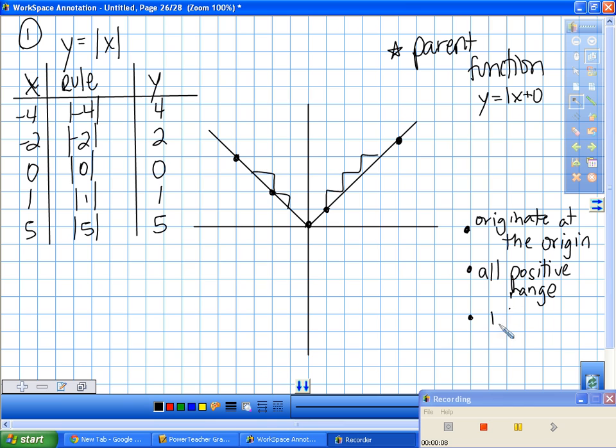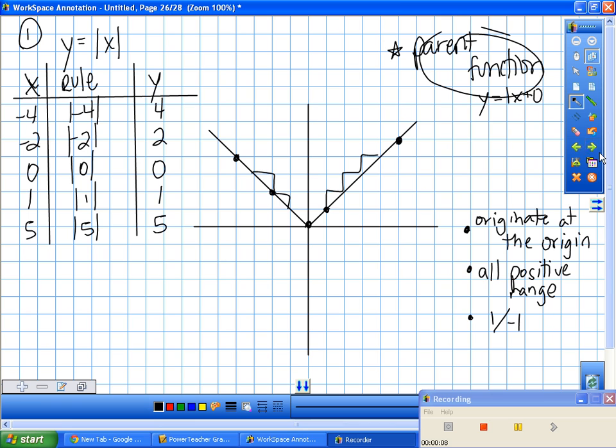So it's either a slope of 1 or -1, depending on which side of the V we are focusing on. But it's the most basic, and again we call this the parent function. It's based at the origin. Everything is positive, and we have the slope of 1 or -1 as we go out from the origin.